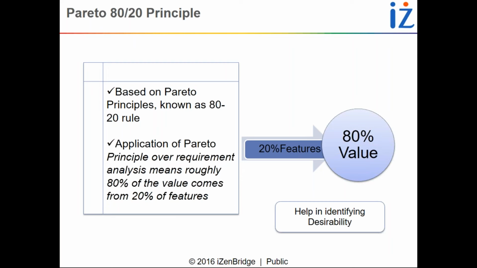Select 2 requirements which are highly critical for launching. If they are forced to select only 2 requirements, they will use criteria and different ways to select those 2 requirements which are really critical for launching. So the Pareto principle helps you identify desirability.